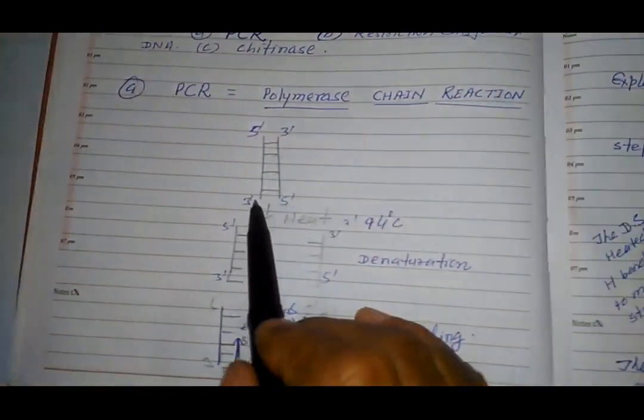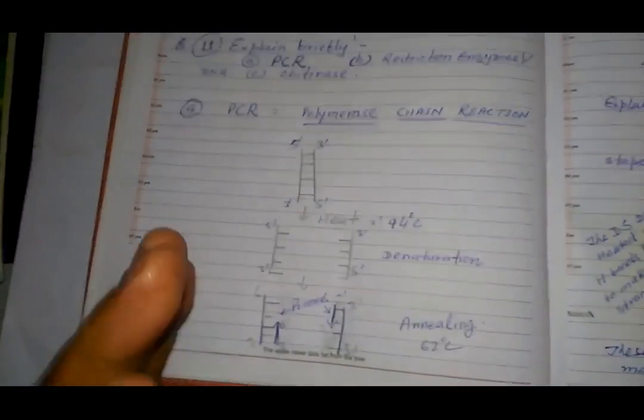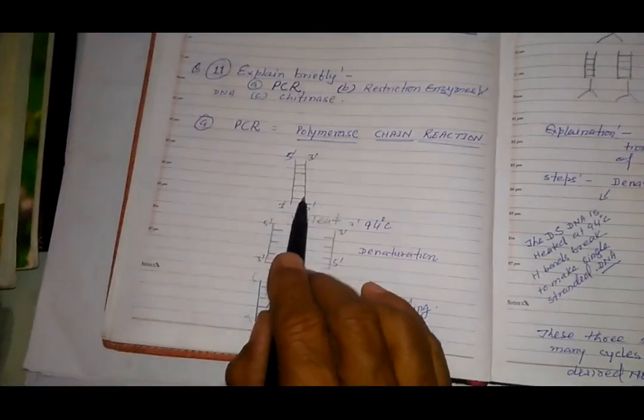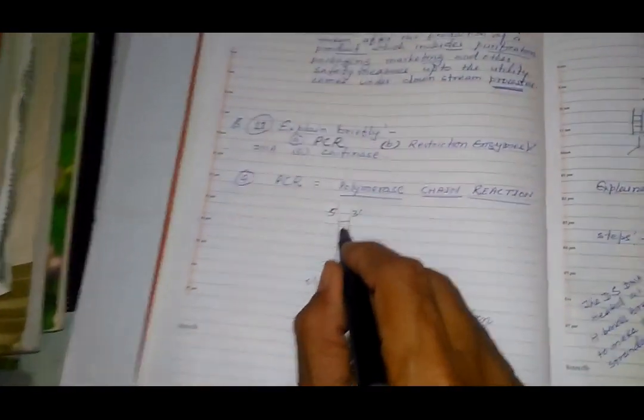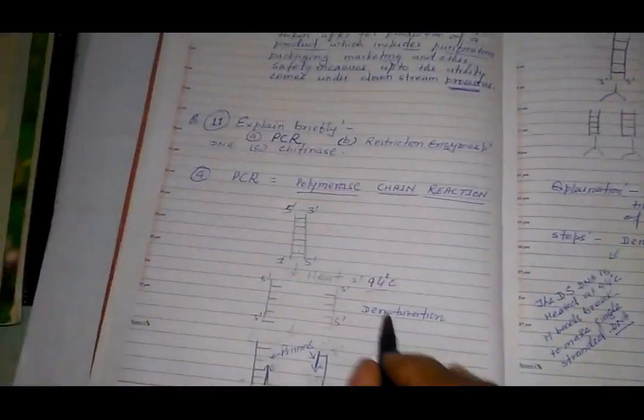Suppose this is DNA having a 5' to 3', 3' to 5' antiparallel pattern, a double helix. When it is heated up to 94 degrees, the hydrogen bonds between the two strands break, and this process is called denaturation. The double-stranded DNA is now made single stranded.